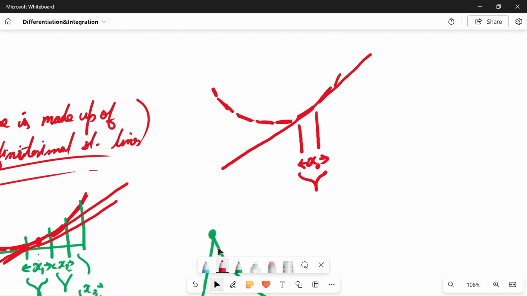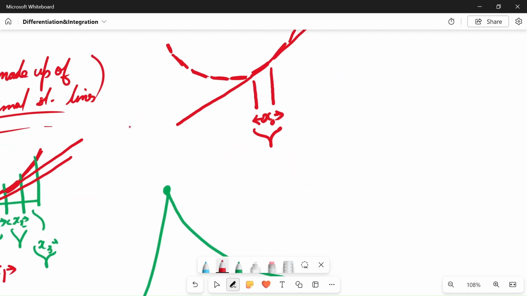And this point is non-differentiable because if you zoom in into this particular point, it is something like this, maybe. If I ask you to draw a tangent at this point, there's no possible way you can draw a tangent using just one point.